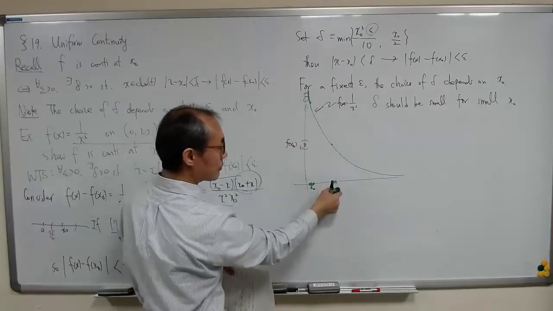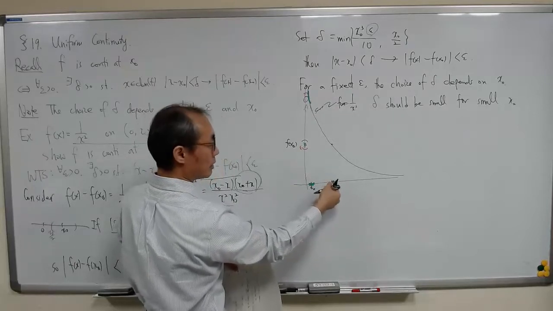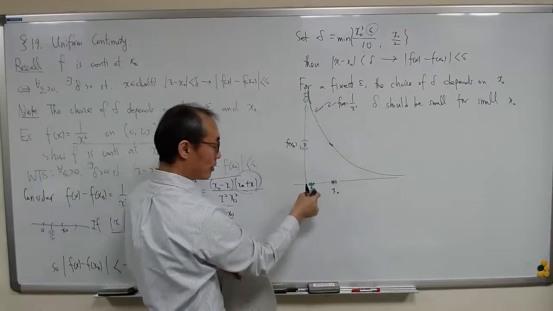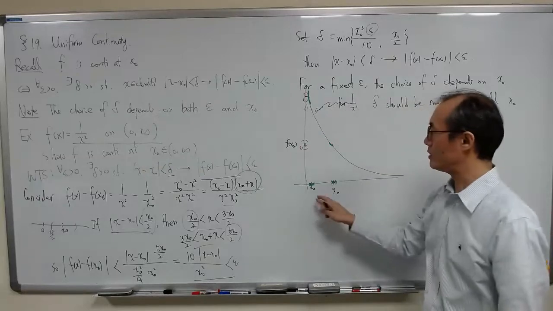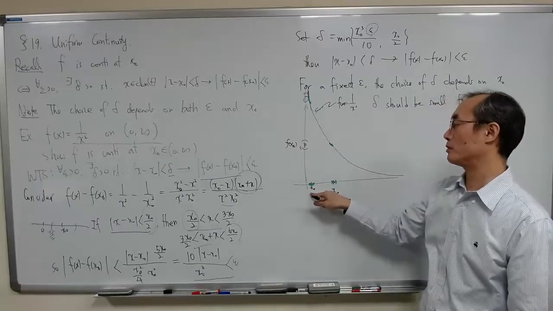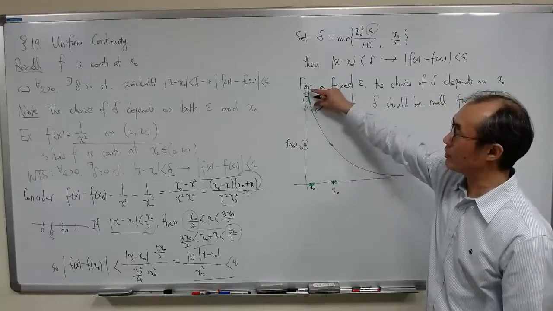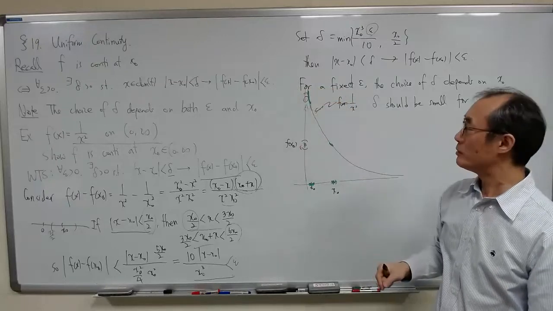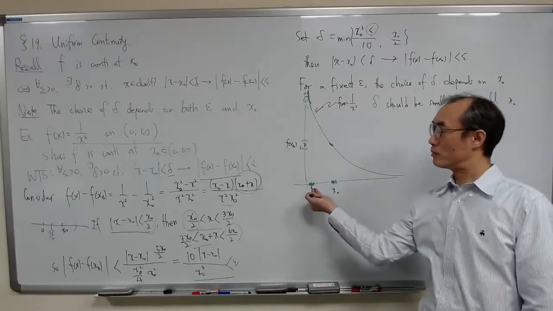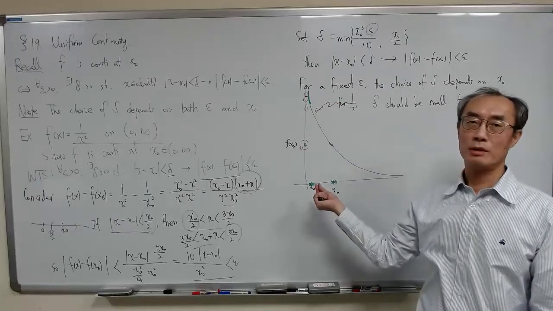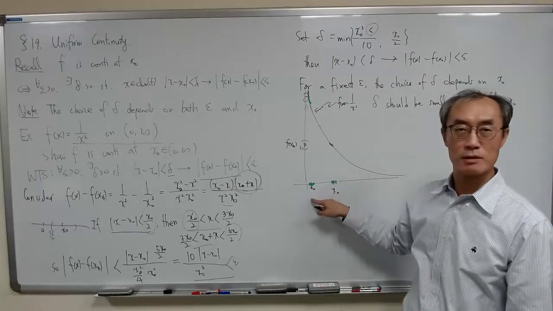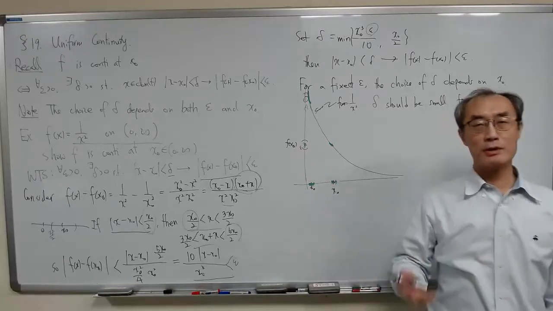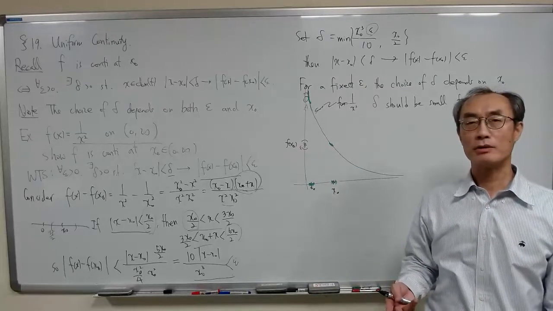Around here, the same range for the delta neighborhood, centered at x naught, will cover a much bigger value. Which means to show the continuity, your choice of delta must be even smaller, depending on the choice of x naught. That's the typical situation for a usual continuous function.